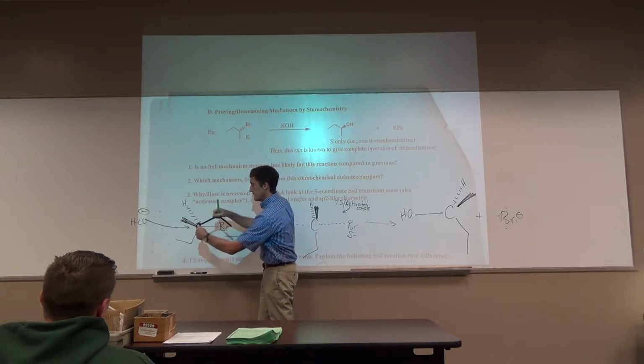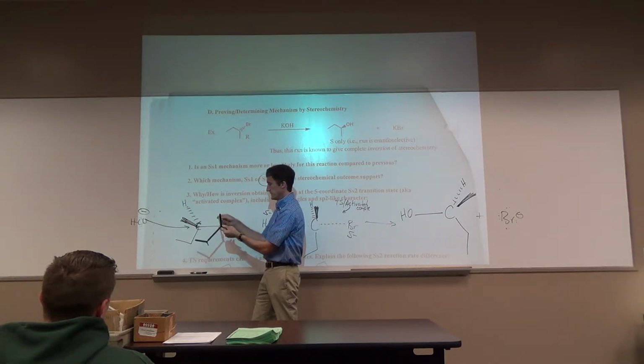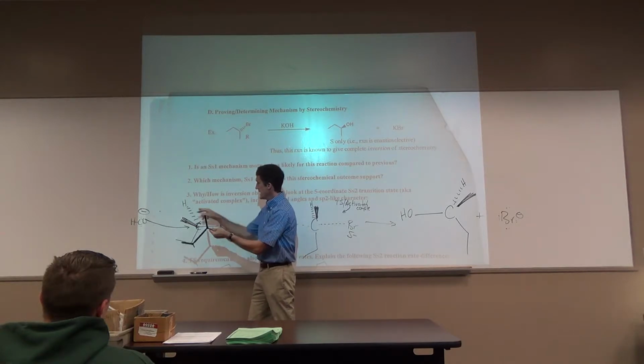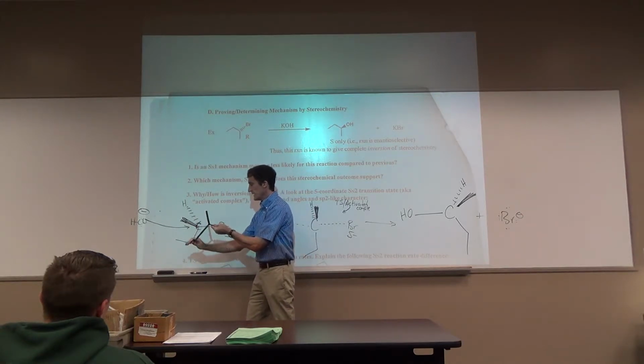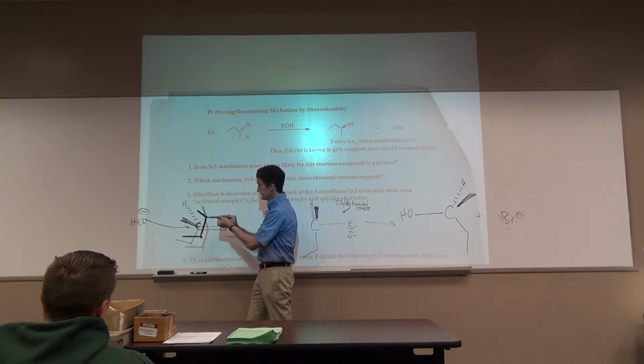This is in the plane. That doesn't matter how that's rotated. Bromine is, what do we say bromine was? Purple. H is green. Methyl forward, H back. Ethyl's down in the plane, bromine this way. There it is drawn on the board.